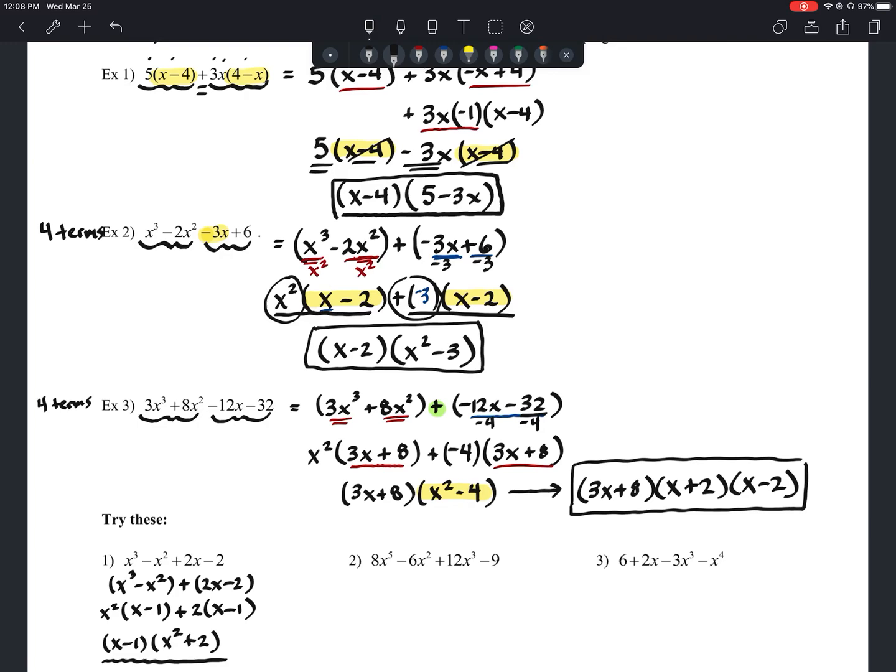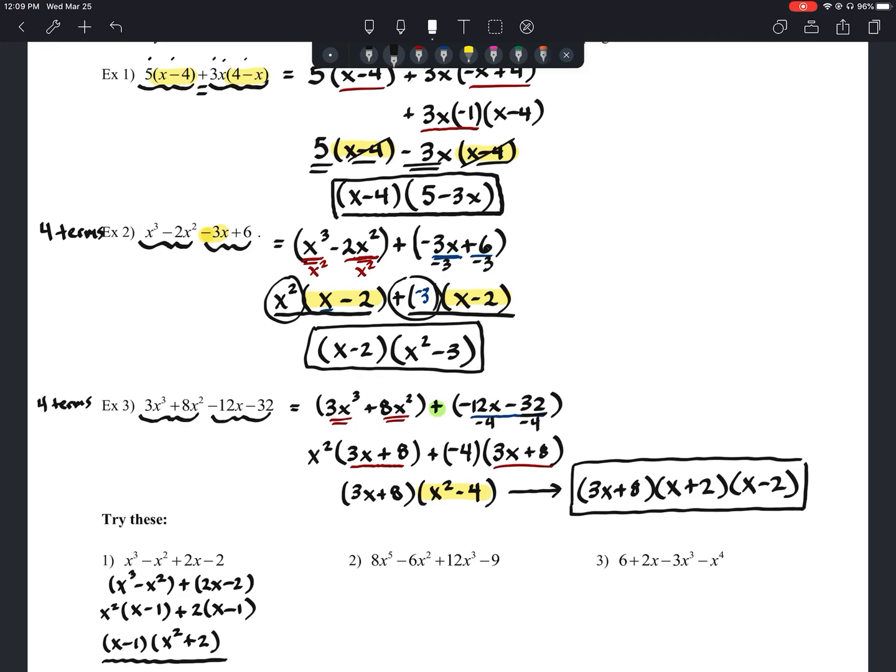For our second one, we have 8x to the 5th minus 6x squared plus 12x to the 3rd minus 9. Now this one's not totally in standard form. We have an x to the 5th, then an x squared, and then an x to the 3rd, and then a minus 9. Sometimes it doesn't matter which order you have, as long as you have some terms that seem like they'll work together.